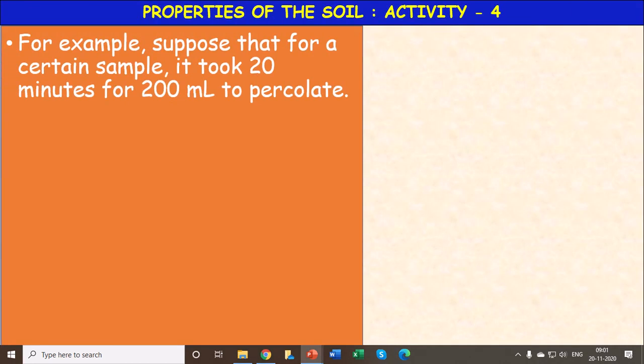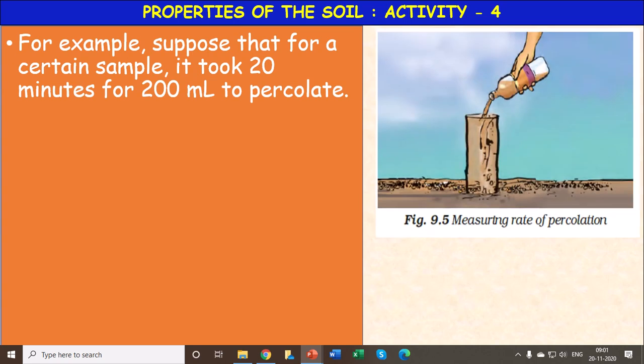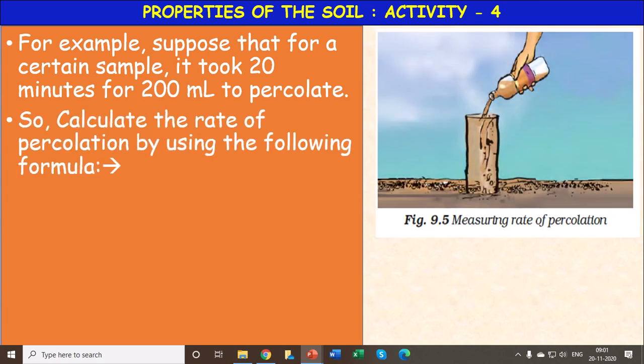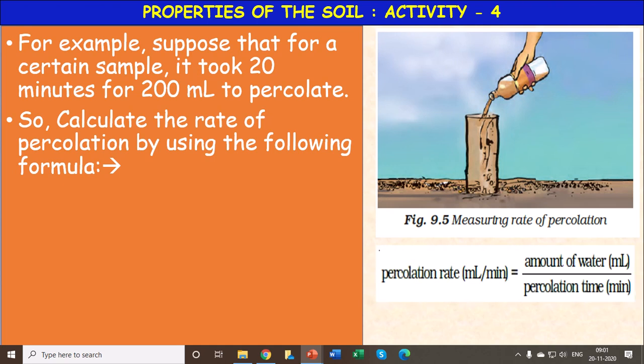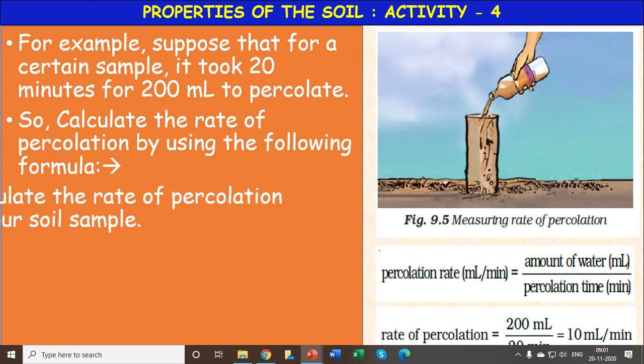Suppose for a certain sample it took 20 minutes for 200 ml to percolate. Calculate the rate of percolation using the formula: percolation rate equals amount of water divided by percolation time, in ml per minute. So 200 ml by 20 minutes is equal to 10 ml per minute.